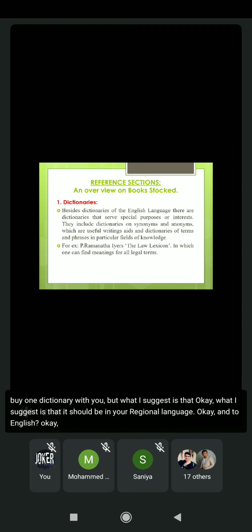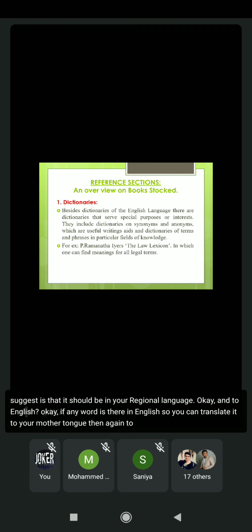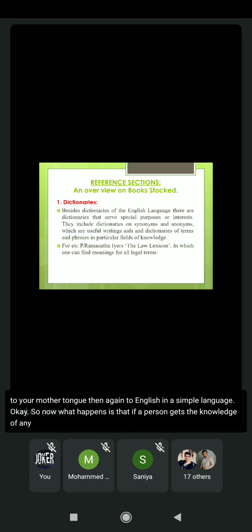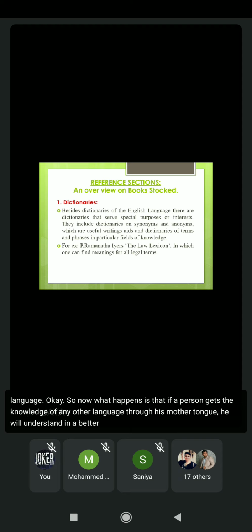If any word is there in English, you can translate it to your mother tongue, then again to English in a simple language. If a person gets the knowledge of any other language through his mother tongue, he will understand in a better way. It is very, very useful.